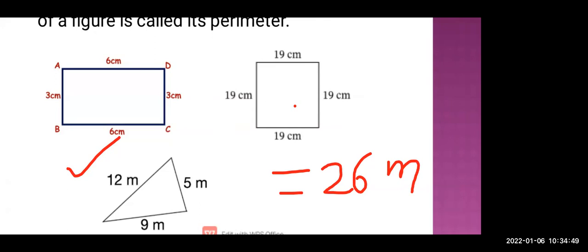How are you going to identify that it has a perimeter? Whenever there is a closed figure, that has a perimeter. If it is not closed, that doesn't have one and we are not going to calculate the perimeter.